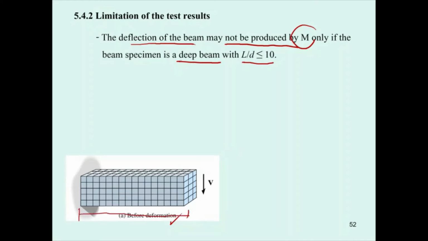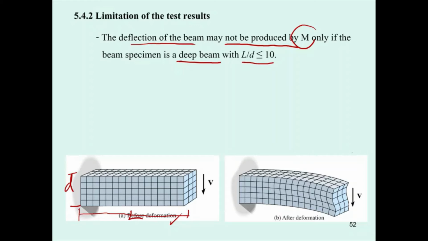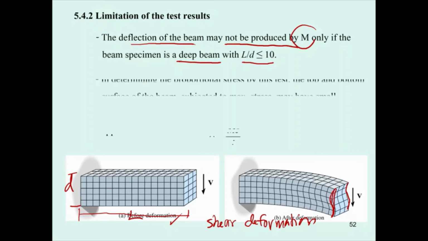This one is the L, and this one is the D. Okay, this is less than 10. So when it's subjected to the force, there is some change in the deformation here like this. There is what is called shear deformation. When it has shear deformation, the deflection will include both bending and shear, and the result may not be correct. So the beam to be considered must be long enough.